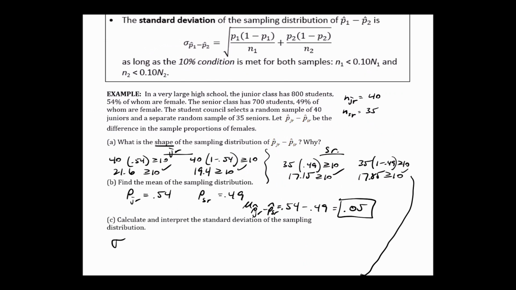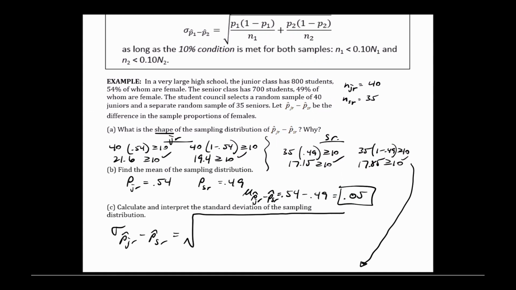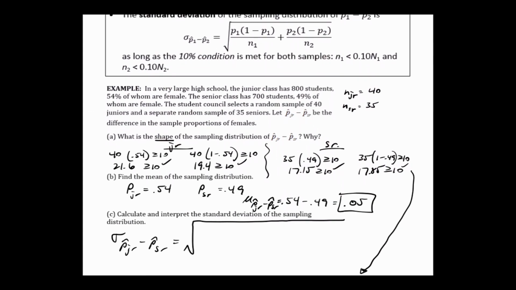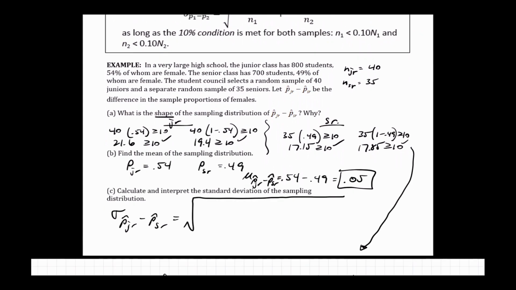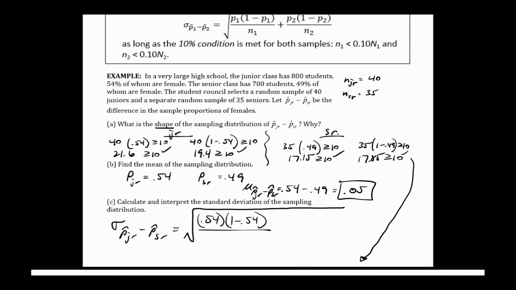So standard deviation of p hat junior minus p hat senior equals: P1 is juniors, so that's 0.54 times 1 minus 0.54 over N juniors, which is 40, plus 0.49 times 1 minus 0.49 over 35.